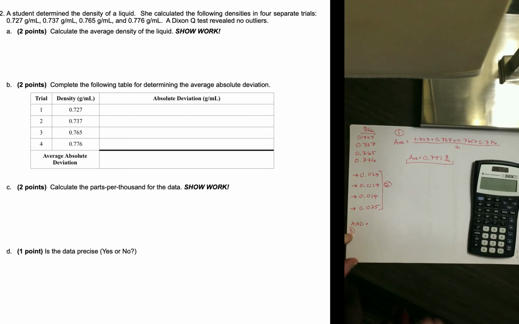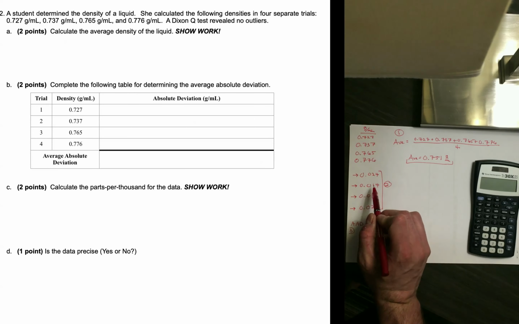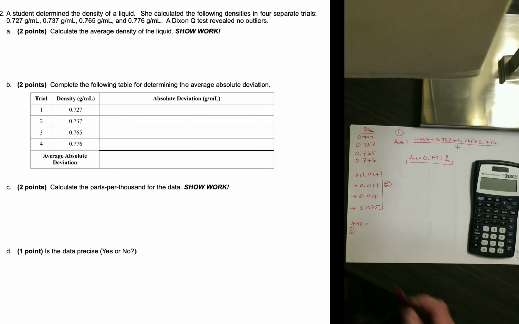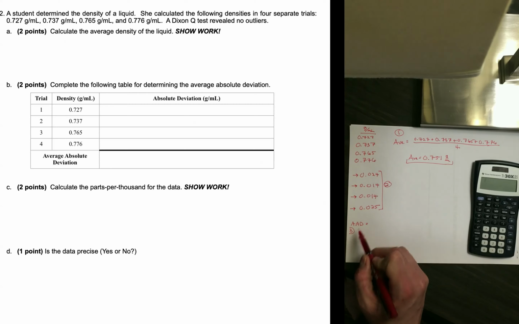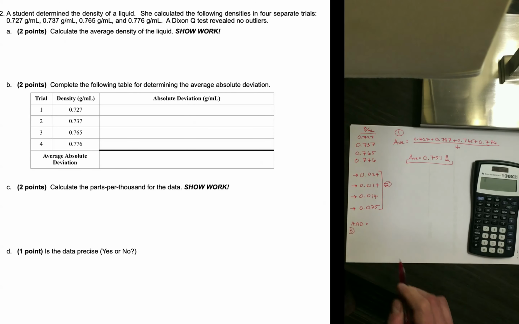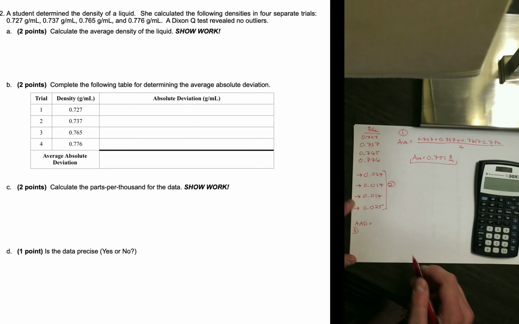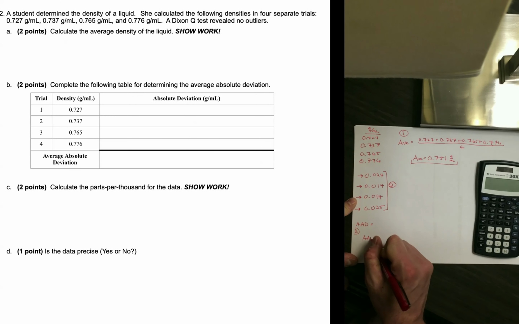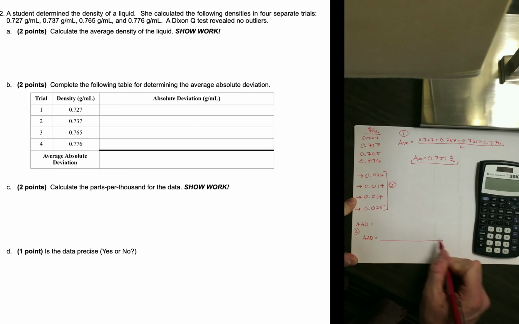That would be the second thing I would do if I need to calculate a parts per thousand. What I need to do now that I've calculated each individual absolute deviation is calculate the average absolute deviation. So now I have to take the average of all of these numbers that I just calculated. The way I would do that, I would get the average absolute deviation, and I would just add these up.